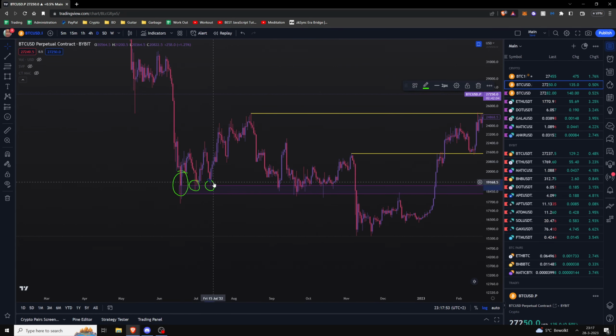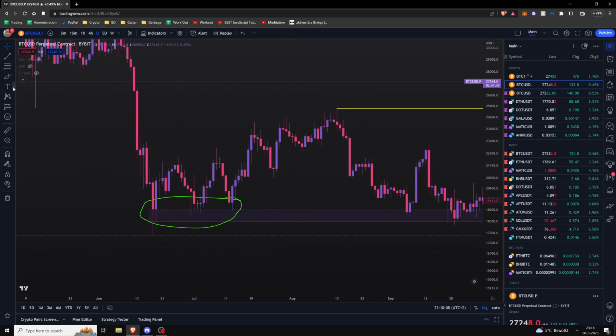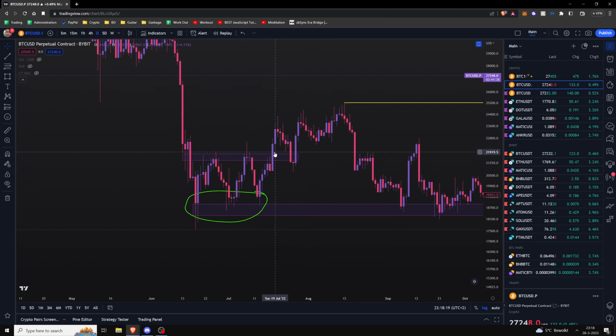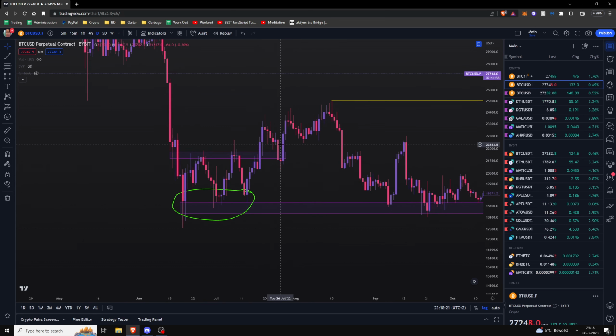So as we come into those, you can see that we just established this as support by having these couple of bounces here. And if I zoom in enough, you can see that we bounced off here twice, so this was now a resistance level. Now the important thing to note is that once you get above resistance or below support, it flips.